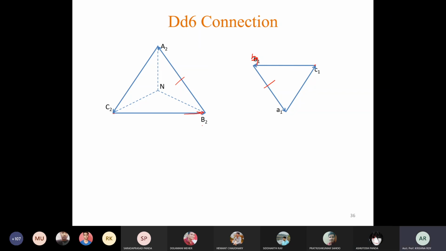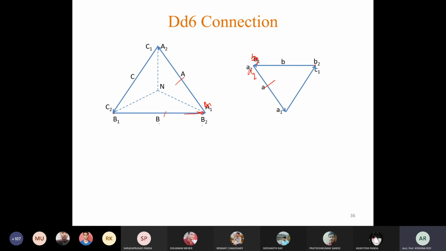Got my point? Yes, sir, understood. So now you have to identify the phases and the terminals. Since this is A2 and this point will be A1, so here this one is A1, so here it will be A2. In this way you have to identify all the terminals. Identify all the terminals and phases. See this.